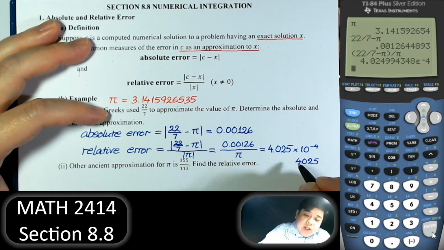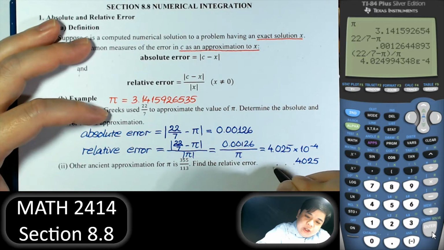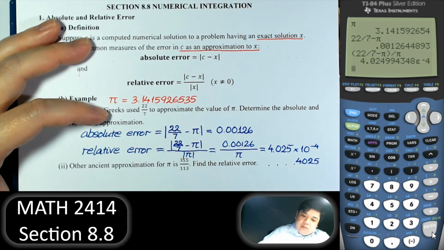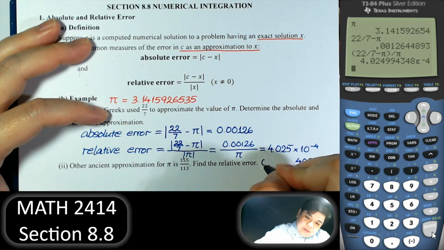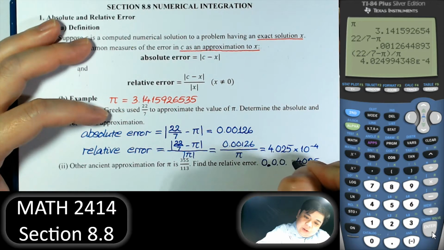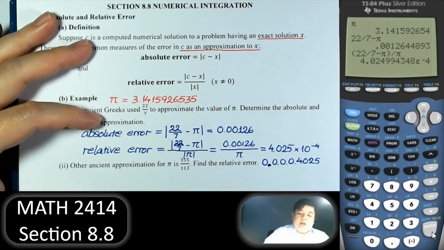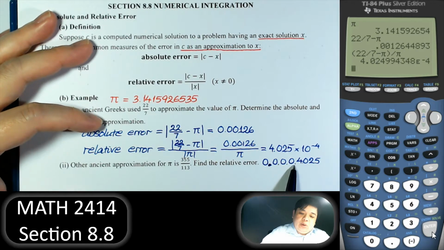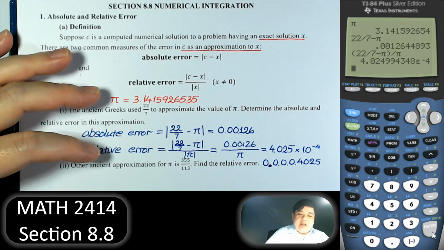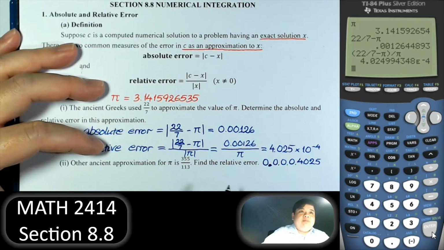We move 4 places to the left: 1, 2, 3, and 4. So it will be that, and just ignore the dot.